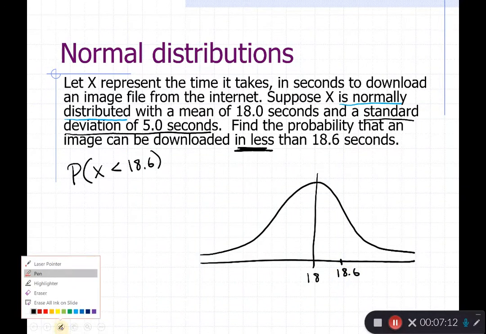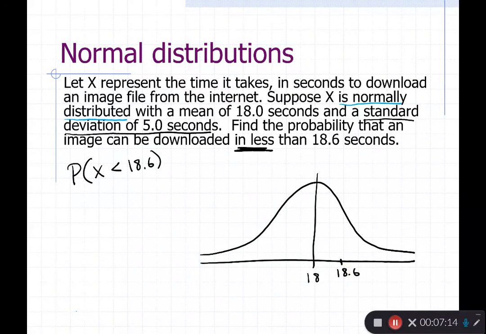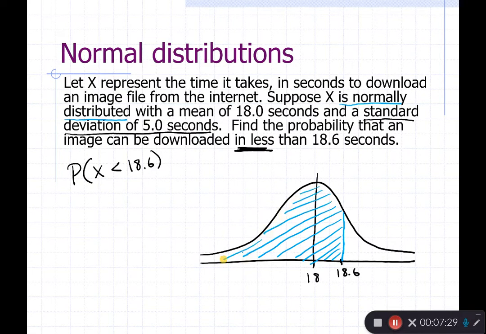Less than means we're shading area to the left, which means before we calculate this, we know approximately what to expect. We know our final answer had better be larger than 50%, larger than 0.5, because it's more than half of the normal distribution graph. Okay, so now we have two options.